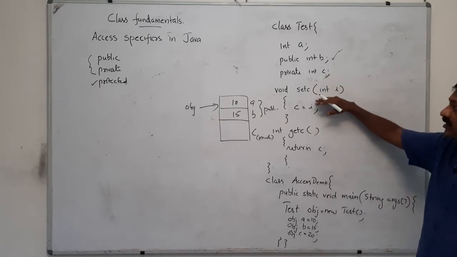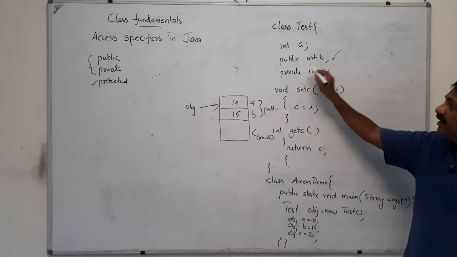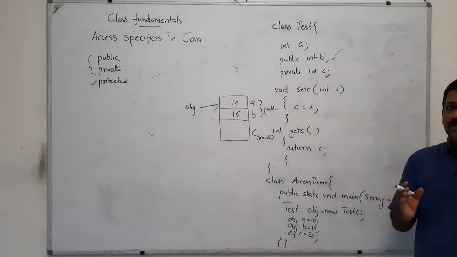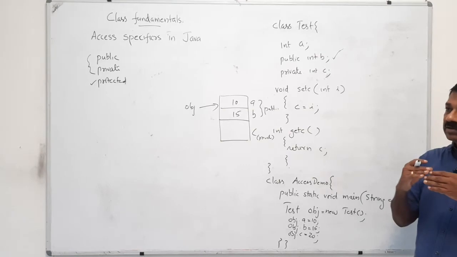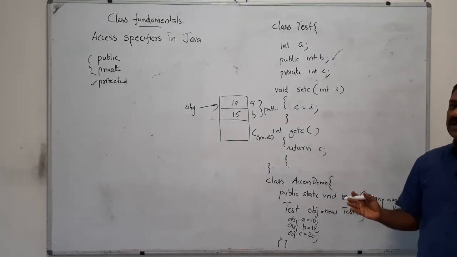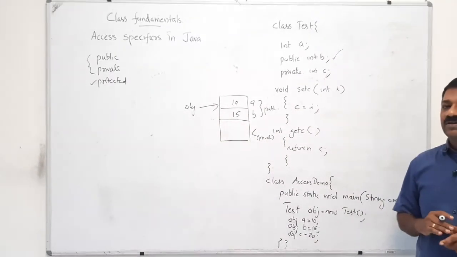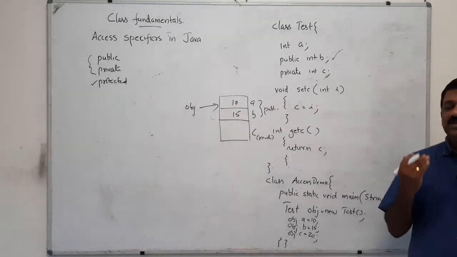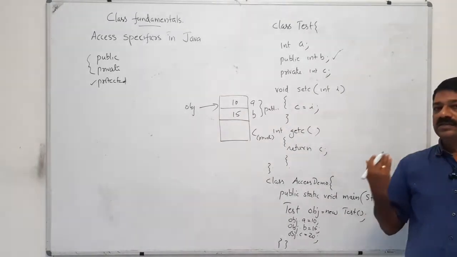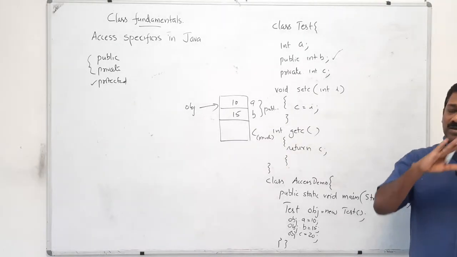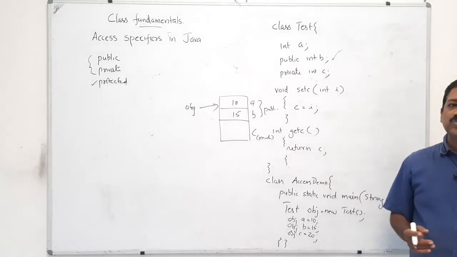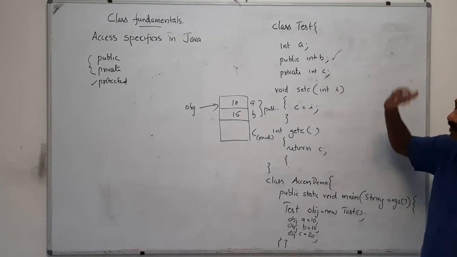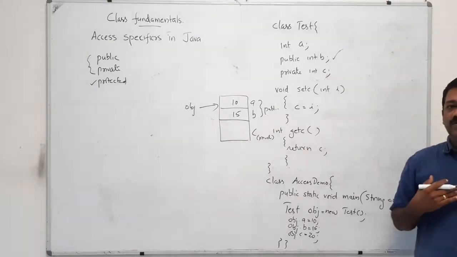That means this is not publicly available. It's like an object: what is happening inside is not aware to you. For example, suppose you are watching TV and there is an interface, and what is happening inside is encapsulated. Just like that, what is happening inside that object is not aware of you.